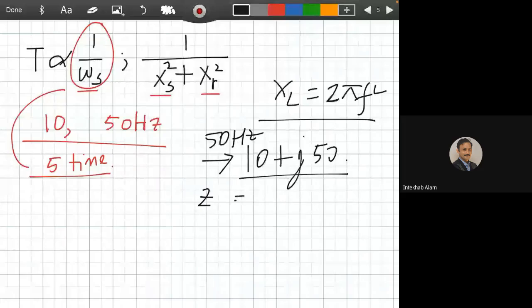Could you please do this math for me? Sadman Hawk, what is the value of Z?